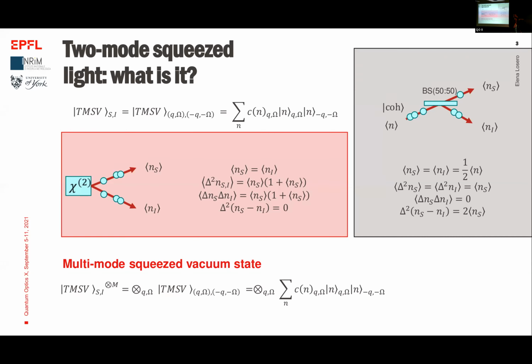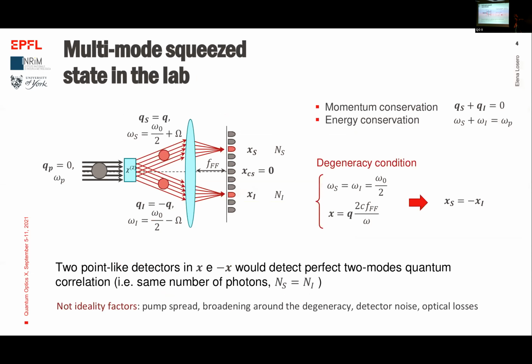Therefore, we can consider the so-called multi-mode squeezed vacuum state of light, which also presents perfect quantum correlation between the signal and the idler mode. This is particularly important because this state of light can be easily implemented experimentally, pumping a nonlinear crystal with a laser. And what we obtain are two down-converted photons, which respect both momentum and energy conservation.